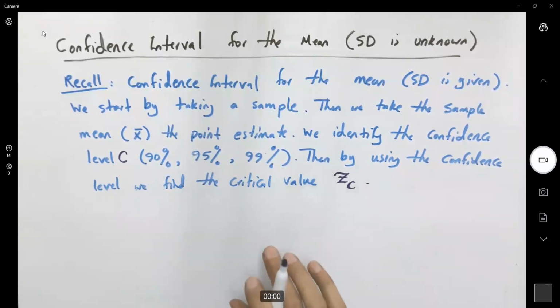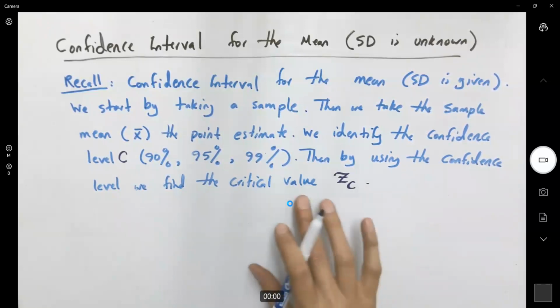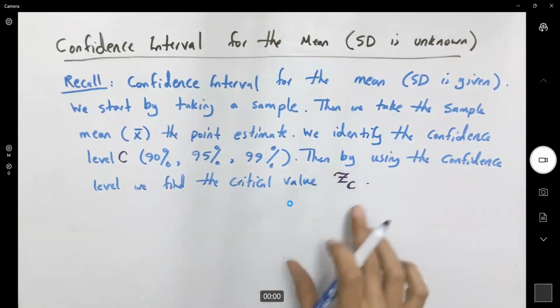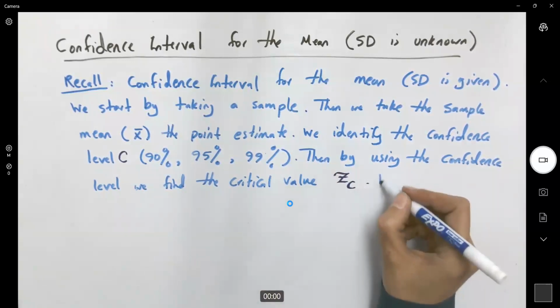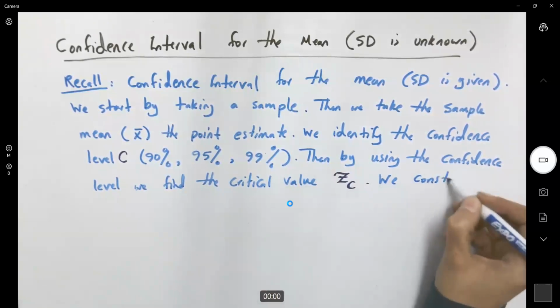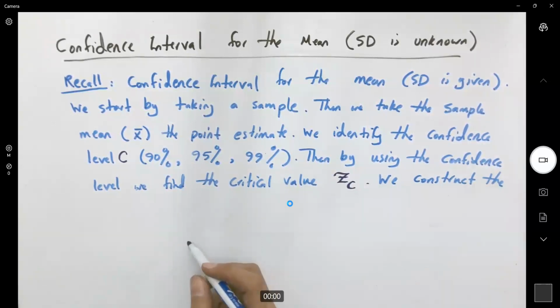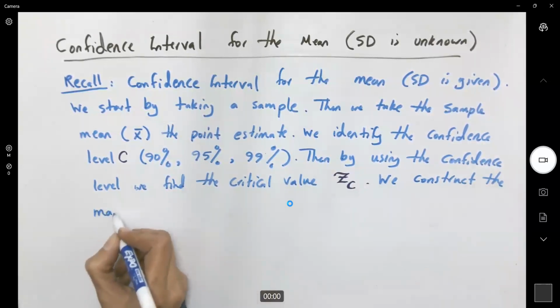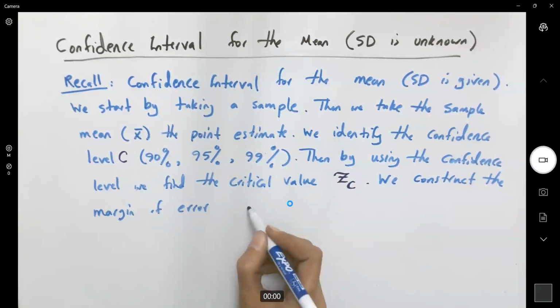In the next step, after finding the critical values, or in this case, we are just taking the positive Z value, which is Z sub C, the critical value, we construct the margin of error. What was the margin of error?